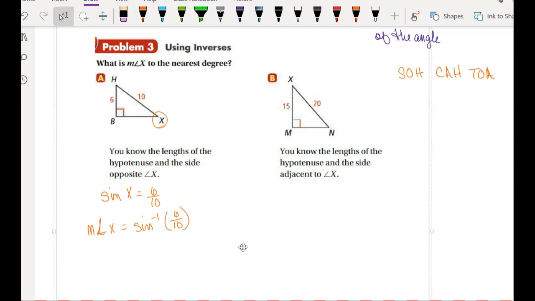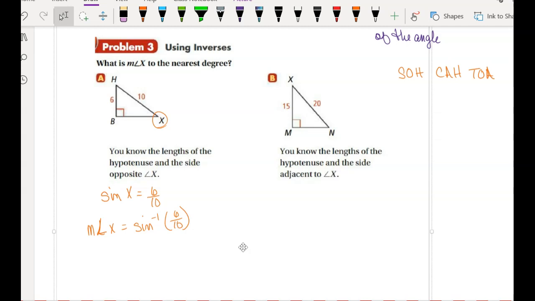This is something that you'll plug into your calculator, and it's typically going to be a second function. So we're going to hit second and then the sine key. I'm going to open up the parentheses and then you're going to hit 6 divided by 10, close parentheses.